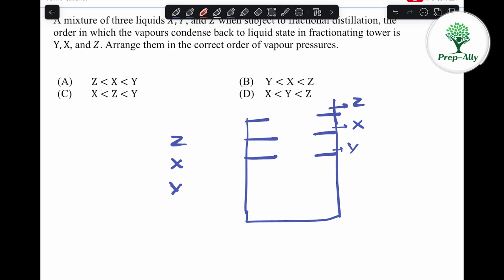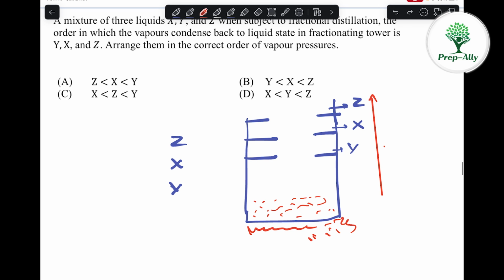Now what is happening here? Which will condense first? That you have to know. If I take a burner and I'm heating the solution which contains X, Y and Z, you know that the temperature will be more closer to it and less on the top side.